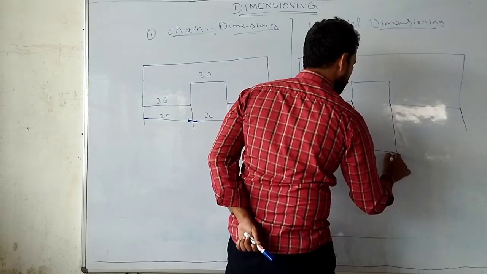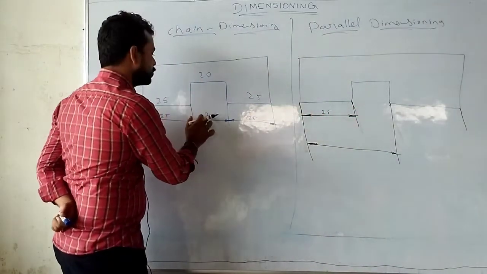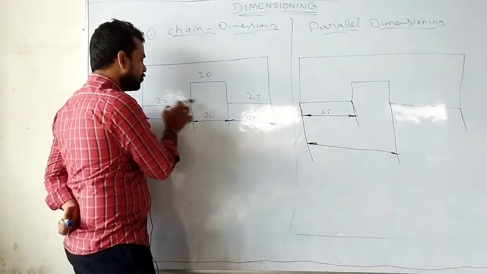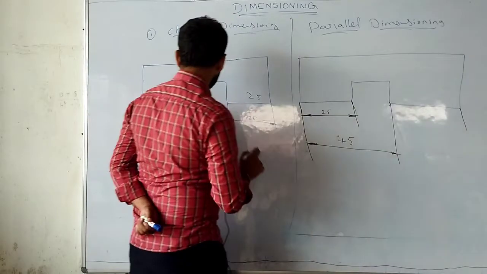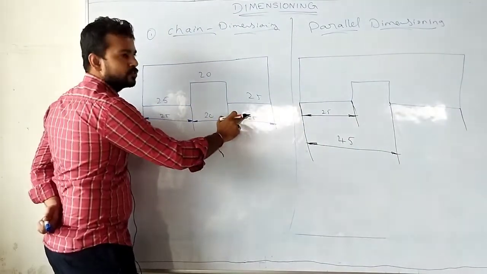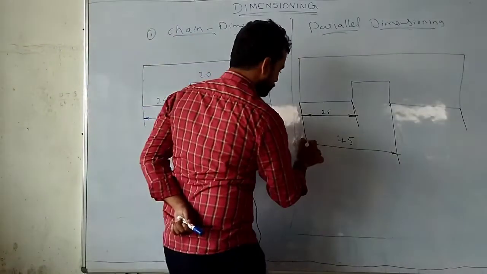It is 25, 20. The sum of 25 plus 20 is 45. Next, 25 plus 20 plus 25. It means how much will it be? It will be 70.